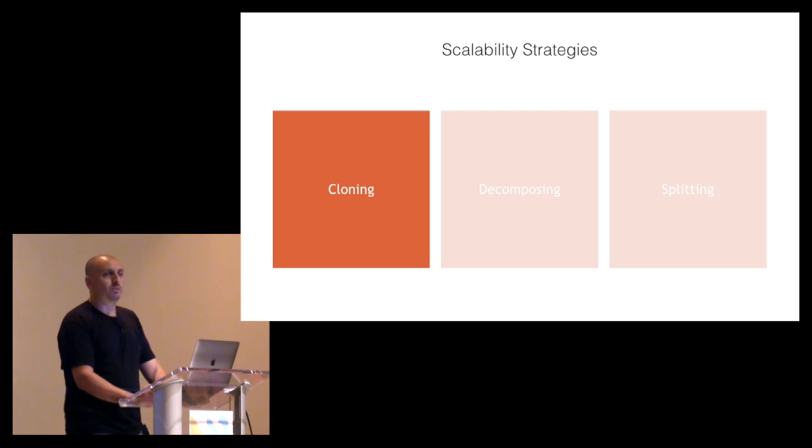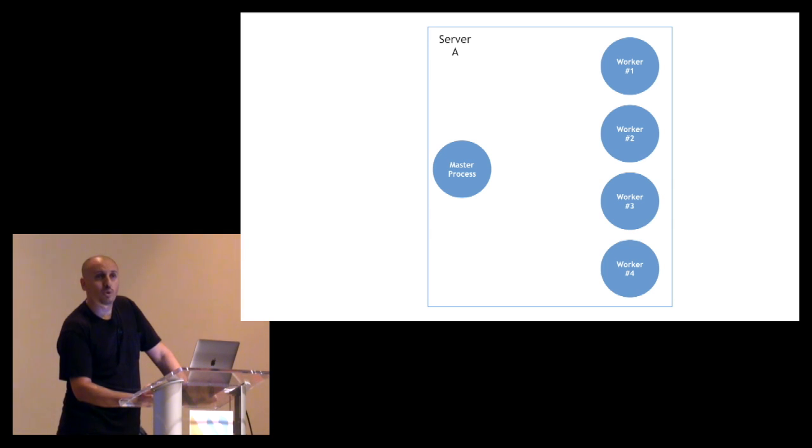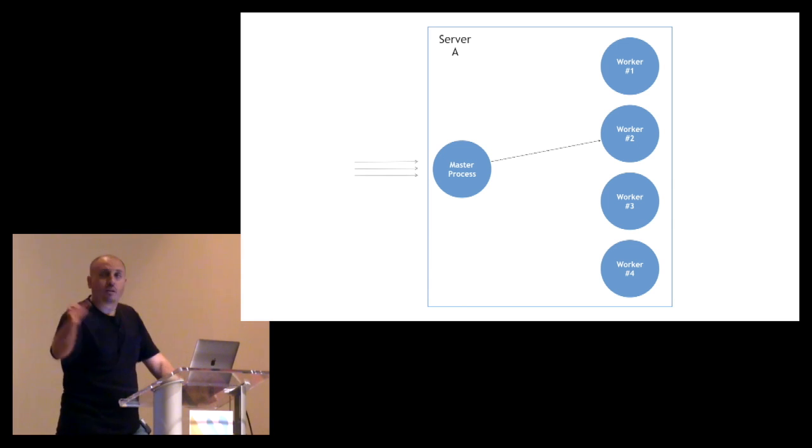And the idea is really simple. You have a master process inside one server, and that master process forks multiple workers. And the requests come to your master process, and that master process determines which worker to send that request to. By default, Node does just a round-robin algorithm here.